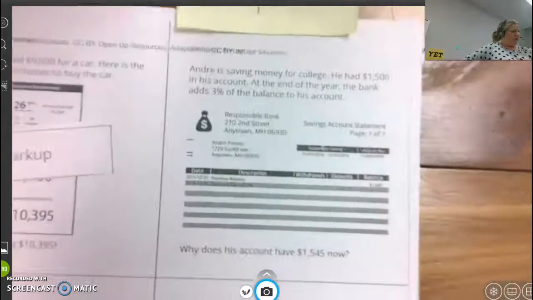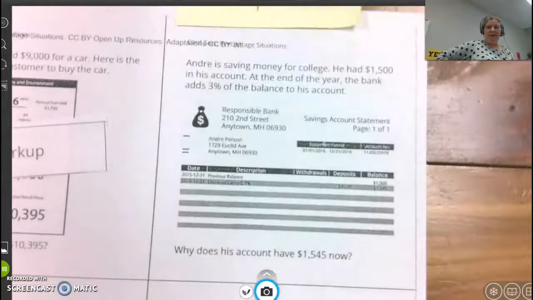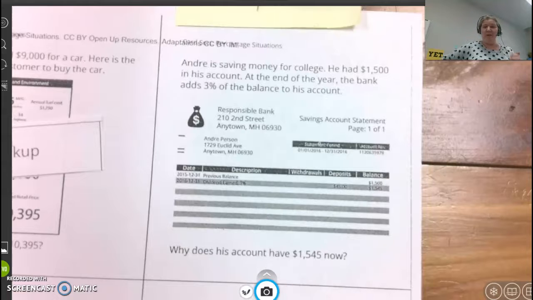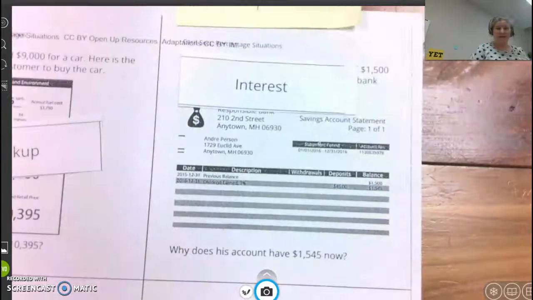Okay, Andre is saving money for college. He had $1,500 in his account. At the end of the year, the bank adds 3% of the balance to his account. Why does his account now have $1,545? Well, that is also called interest, which is a percentage, and that is added.